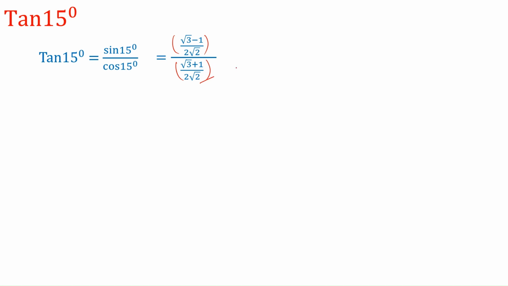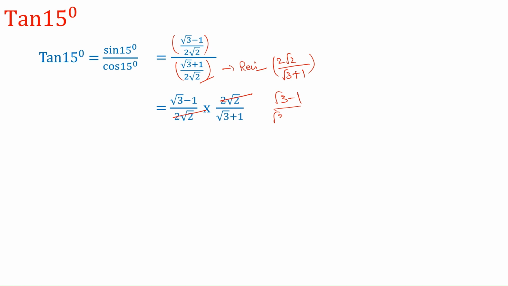The reciprocal of the denominator would be 2 root 2 upon root 3 plus 1. So the numerator should be multiplied with this value. In this, 2 root 2 and 2 root 2 will get cancelled. This leaves root 3 minus 1 upon root 3 plus 1 as the resultant.